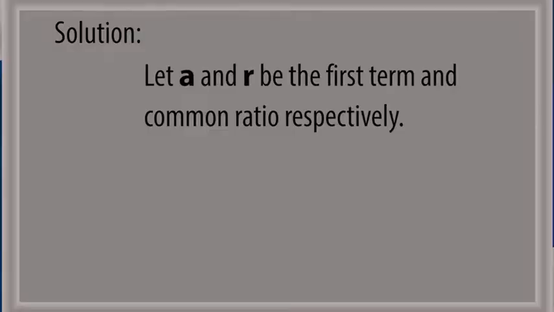Because we are asked to find the first term and the common ratio, let's make a and r be the first term and the common ratio respectively. You remember the general form. The general formula or term of an exponential sequence is given by Un is equal to ar to the power n minus 1.